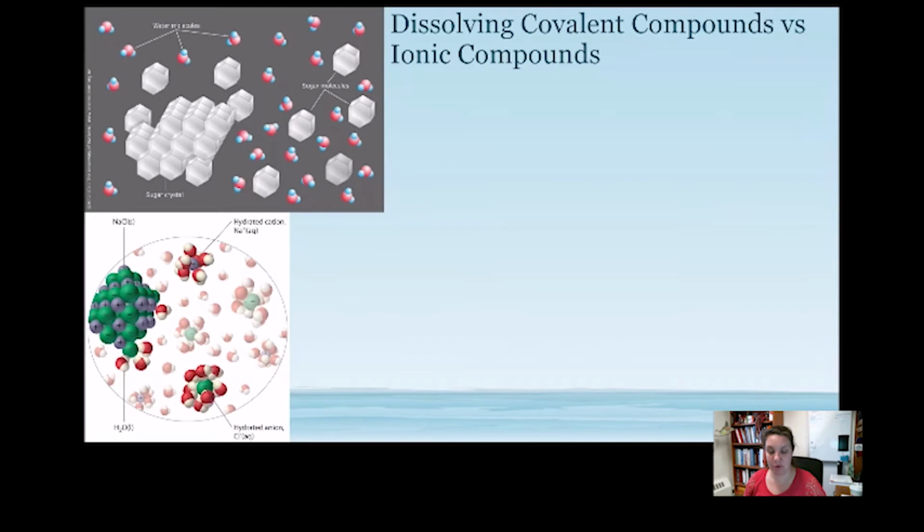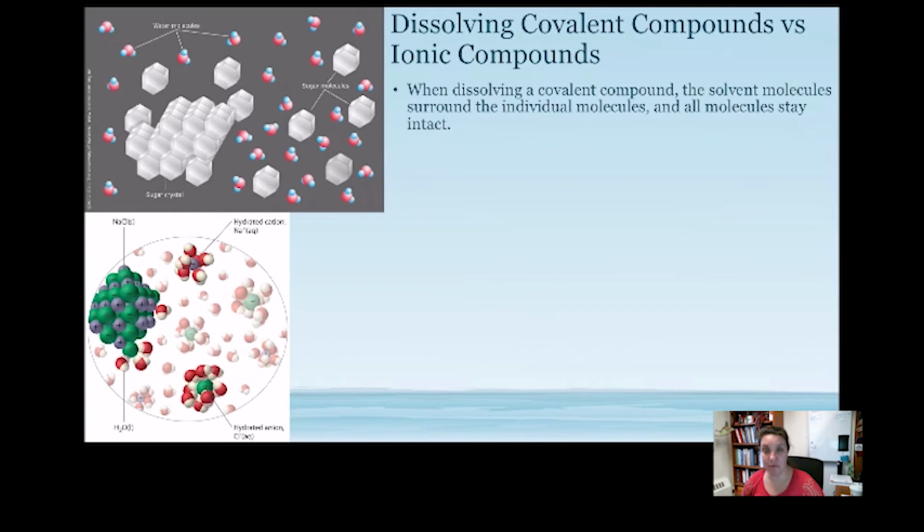As a note, hopefully you learned this in 1211, but let's go over real quick how covalent compounds differ from ionic when we're dissolving. So for covalent compounds, such as sugar, we're breaking intermolecular forces, and we're keeping our molecules intact.